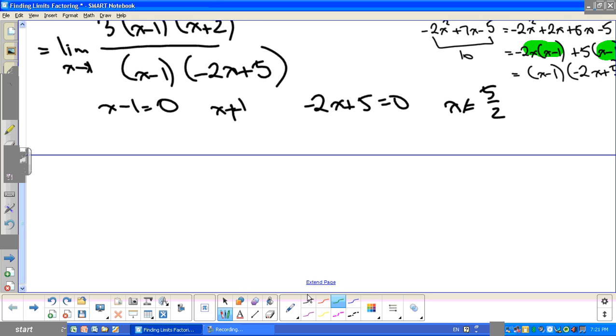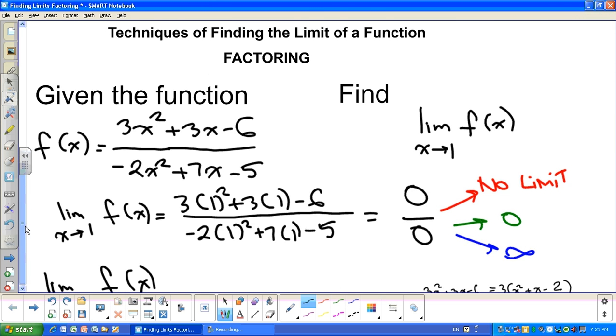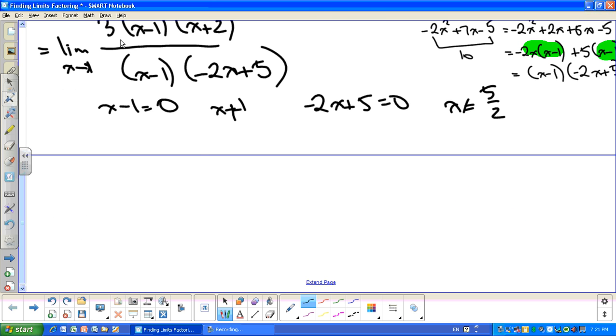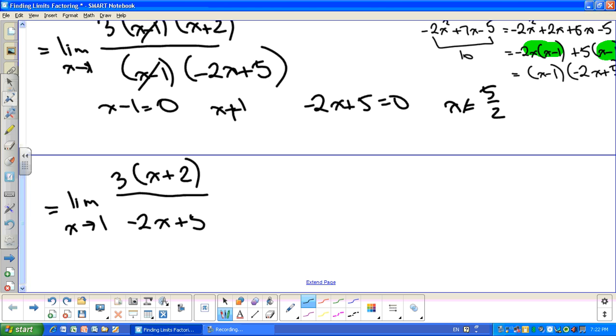I need to notice that I have a common factor of x minus 1. I can divide both the numerator and the denominator by x minus 1, and the function becomes the limit as x approaches 1 of 3 times x plus 2 divided by negative 2x plus 5.